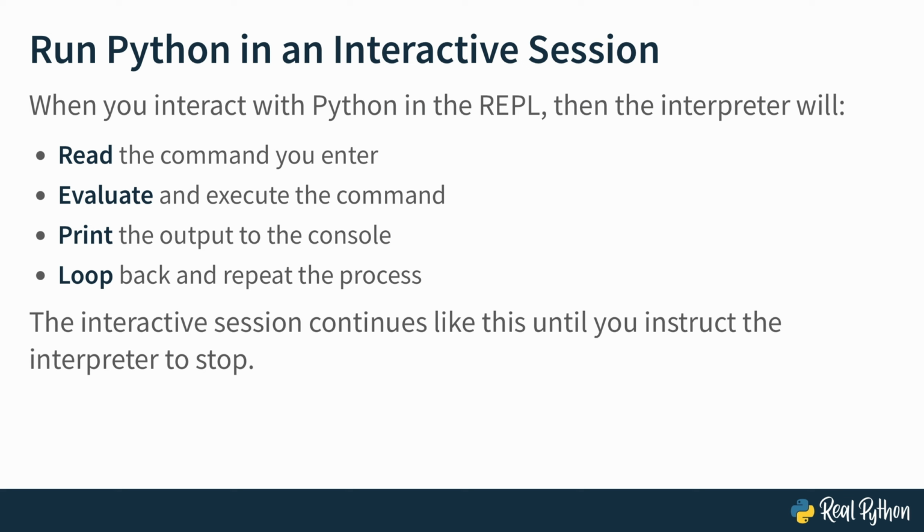Read, evaluate, print, loop, in short, REPL. An interactive session like this continues until you instruct the interpreter to stop. Using Python like this is a great way to test short snippets of Python code and get more familiar with the language. So it's perfect if you want to try things out.